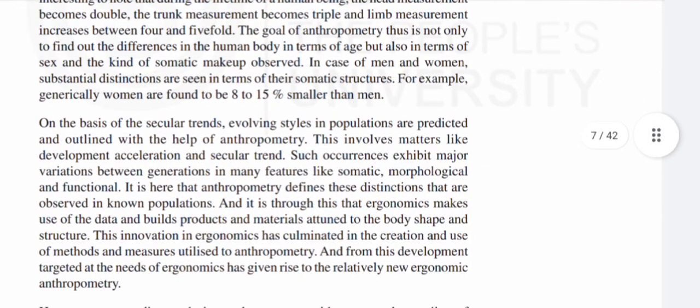On the basis of the secular trends, evolving styles in population are predicted and outlined with the help of anthropometry. This involves matters like development, acceleration, and secular trend. Such occurrences exhibit major variations between generations in many features like somatic, morphological, and functional.